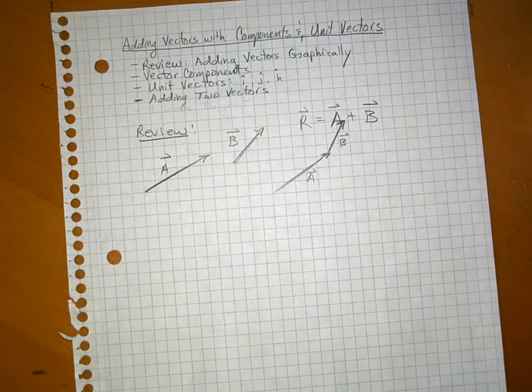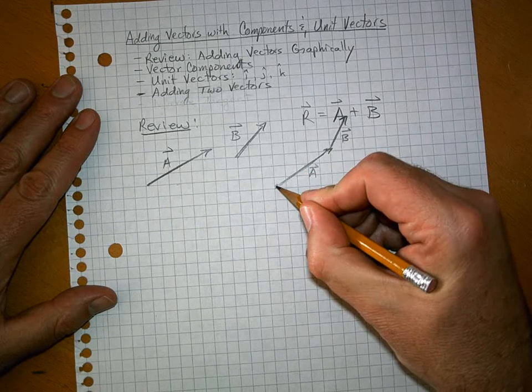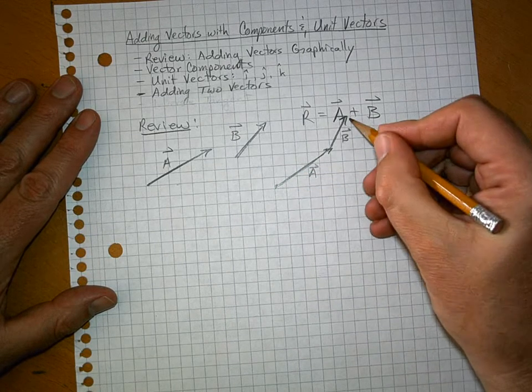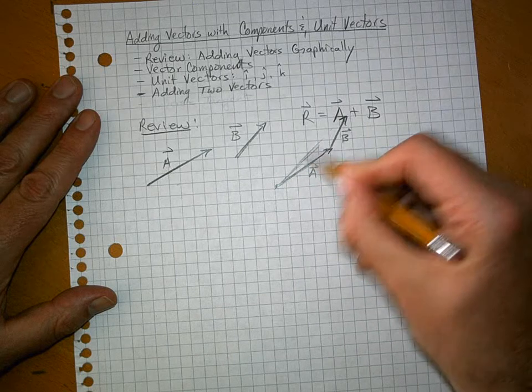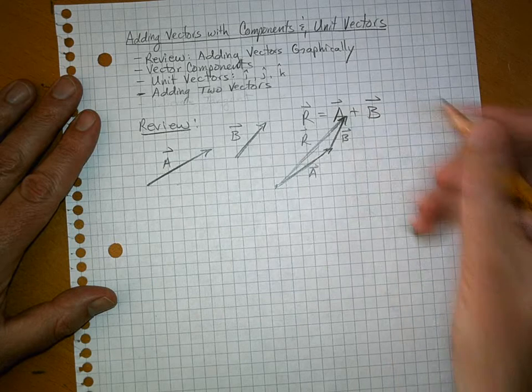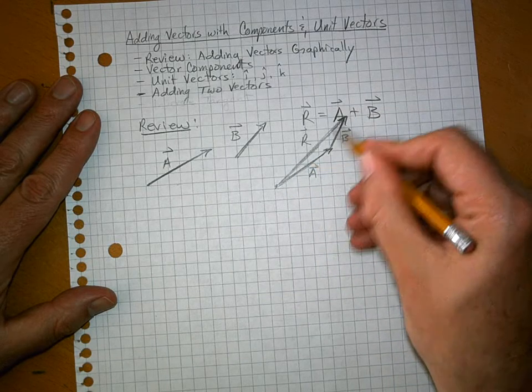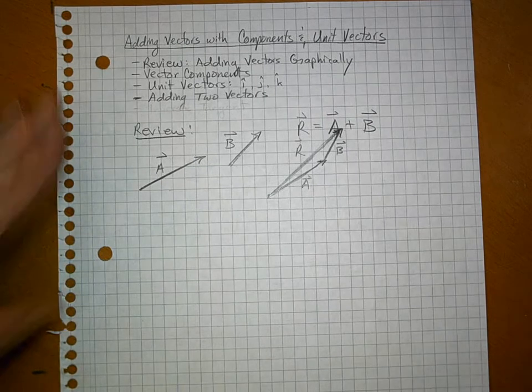So the answer is vector R, which starts where A started and ends where B ends. So there's my vector R. Something like that. Okay? And that's what vector addition is when you do it graphically.